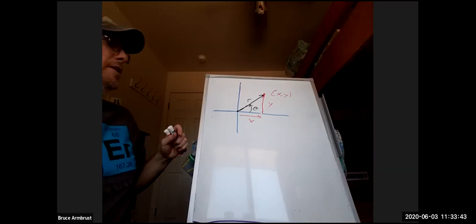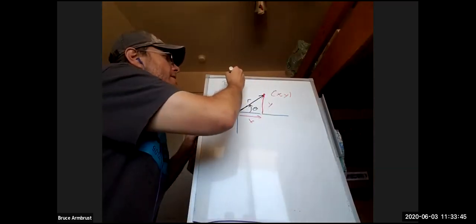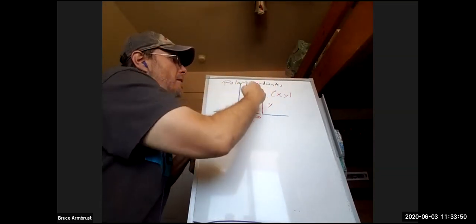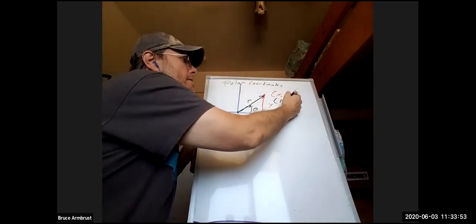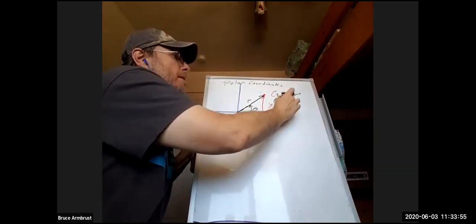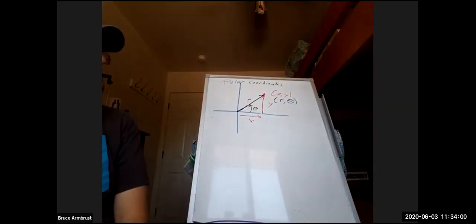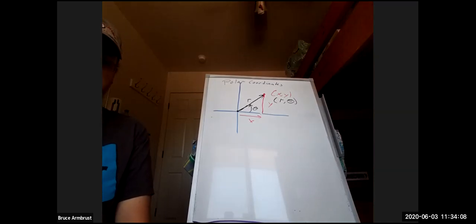So in polar coordinates, instead of x's and y's, we're going to use r's and thetas. The corresponding point in polar would be written as r comma theta. So that's the idea. It's not really that big of a deal, and it should make sense because, like I said, in the real world, we do this all the time.